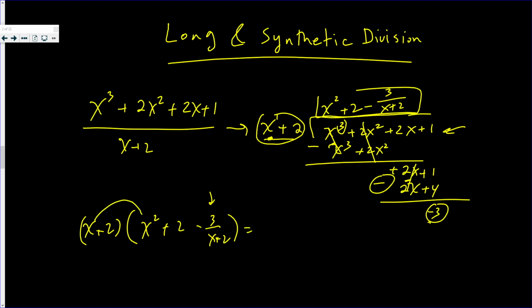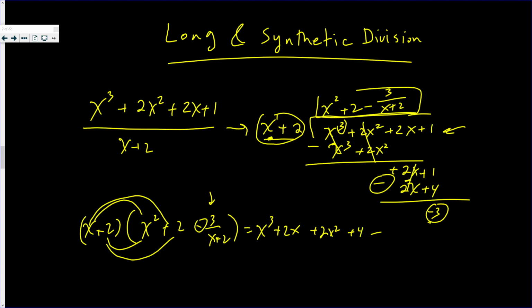x times x squared is x cubed. x times 2 is plus 2x. Positive 2 times x squared is plus 2x squared, and positive 2 times 2 is positive 4.